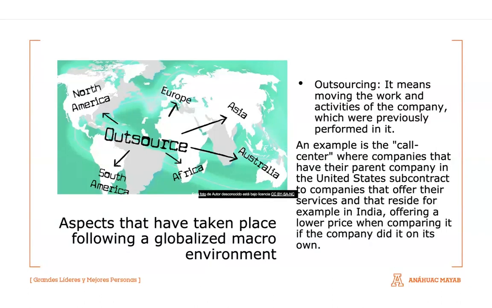To reduce the cost. Of course, they might lose control, because instead of doing it yourself, now you're asking someone else to do it. But anyway, it's something that is happening a lot. And an example I can give you is the call center.